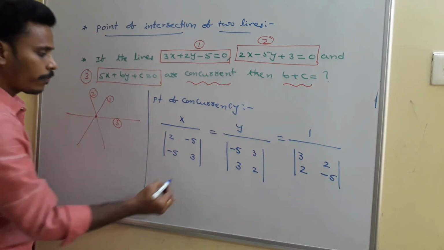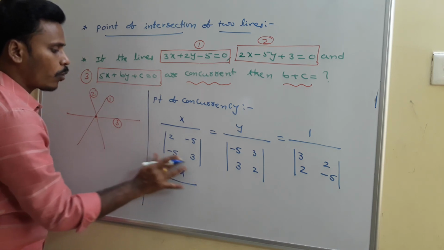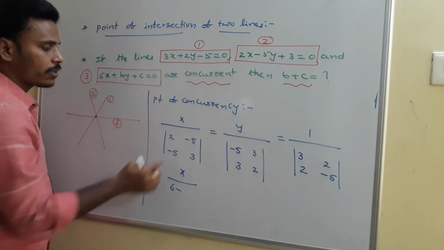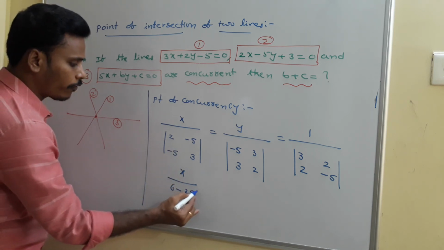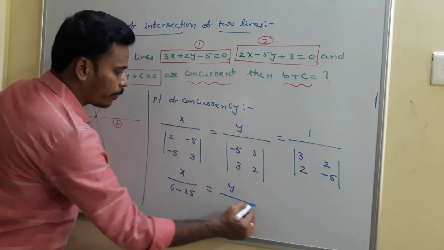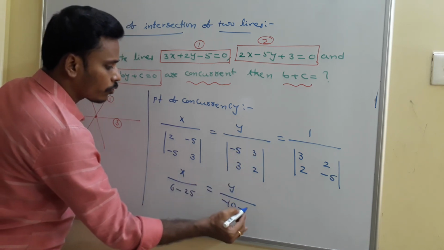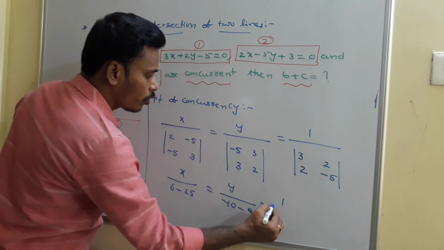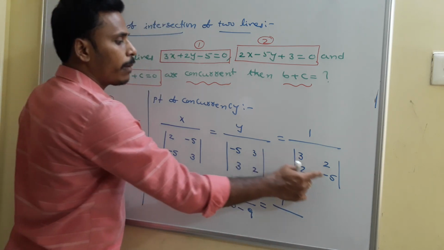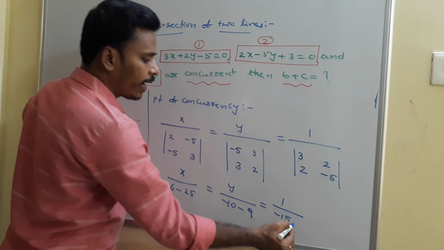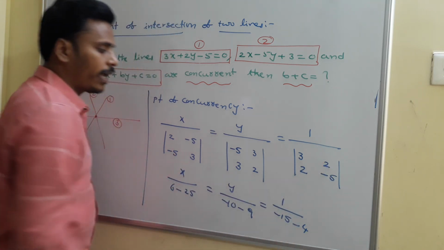And in the next step, x divided by its determinant: product of these two, 6, minus product of these two, 25, is equal to y divided by minus 10 minus product of these two, 9, is equal to 1 divided by 3 into minus 5, minus 15, minus product of these two, minus 4.